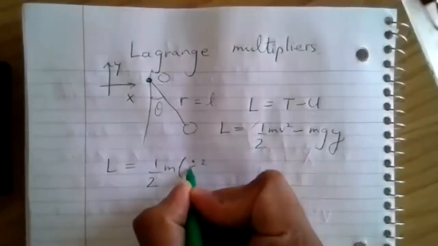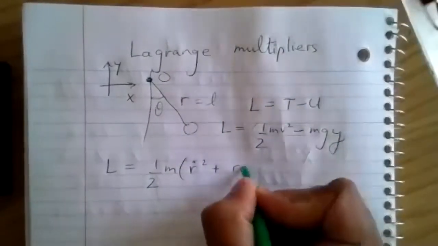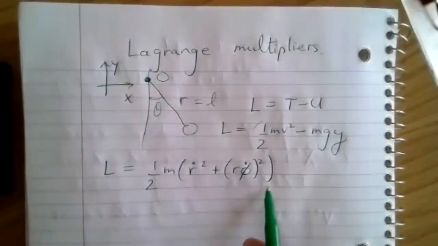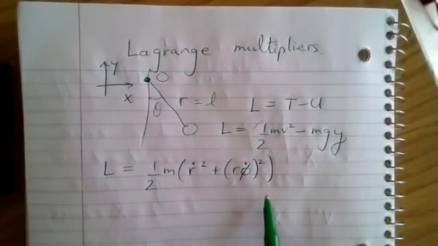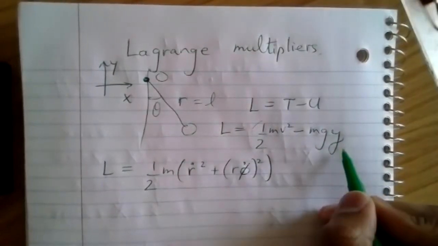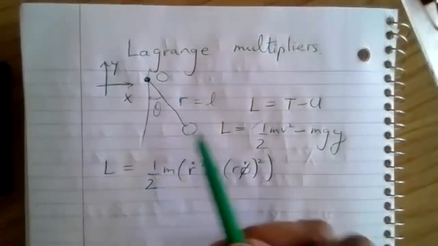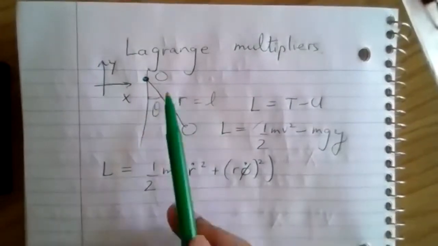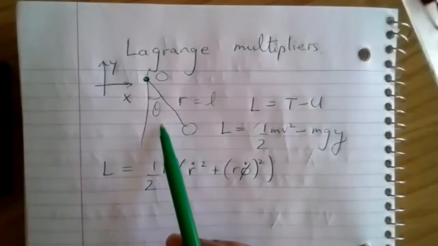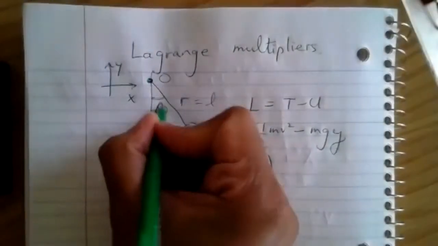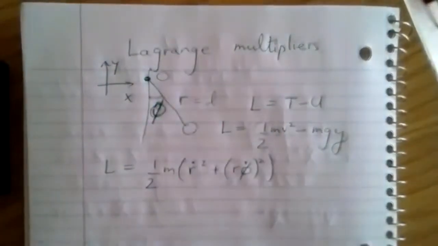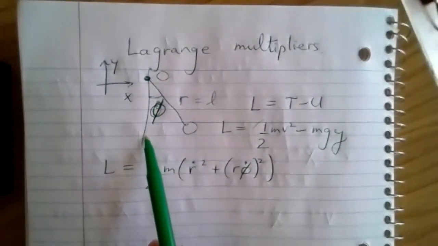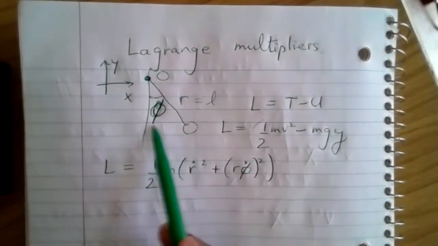It's going to be r dot squared, and there's going to be r times phi dot, the whole squared. So that's now my kinetic energy in polar coordinates. And for y, I'm below the origin, so I'm going to have a negative value for y. So y would be minus r cosine, oh, I said theta and phi. Let me call this phi. All right. So my value for y would be minus r cosine phi.